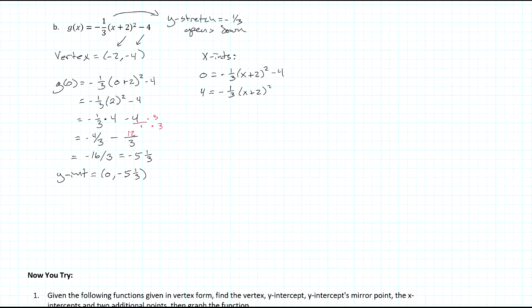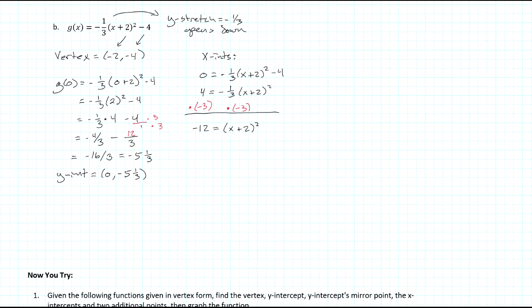And then we're going to multiply both sides by negative 3, so that we clear out that negative 1/3 in the front. So this would be negative 12 equals (x plus 2) squared. And this is happening again. I didn't necessarily intend this, but this can happen.